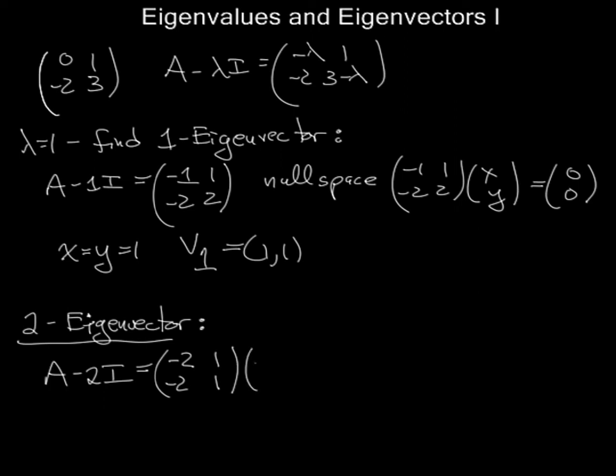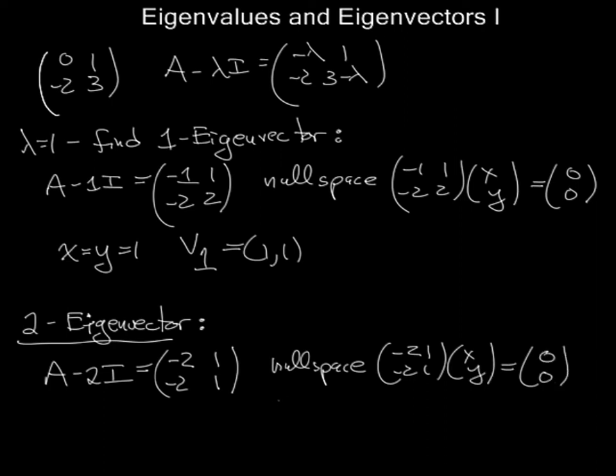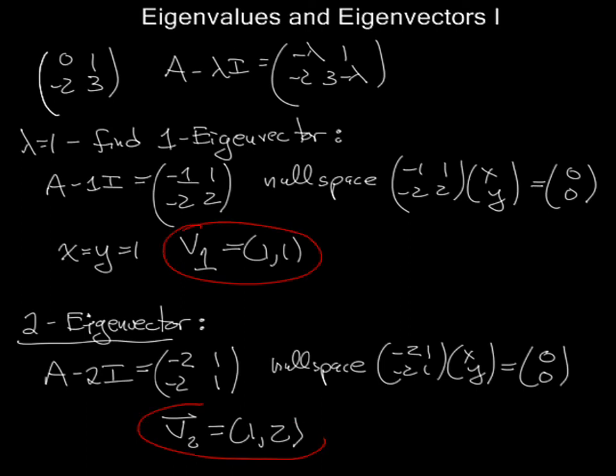And the null space of this matrix is given by the vector... you solve this equation and the answer is, the 2 eigenvector is the vector 1, 2. So there you have it. I found the 2 eigenvalues, 1 and 2, and the 2 corresponding eigenvectors. So that illustrates the algorithm, and that's a good place to stop.